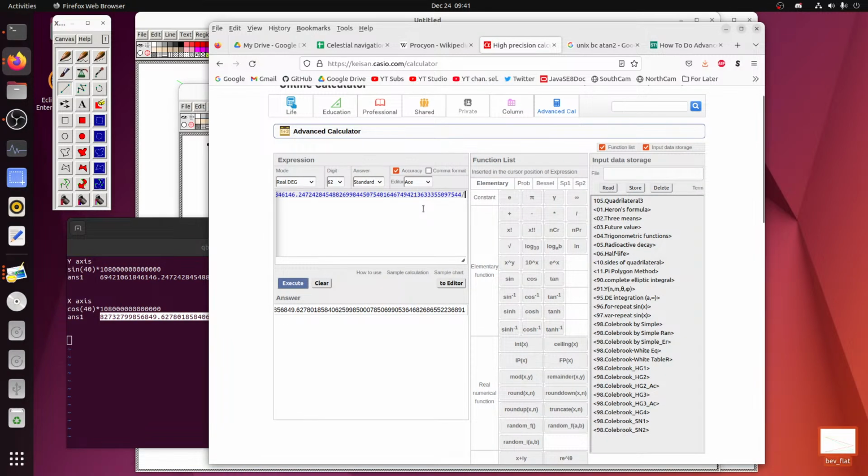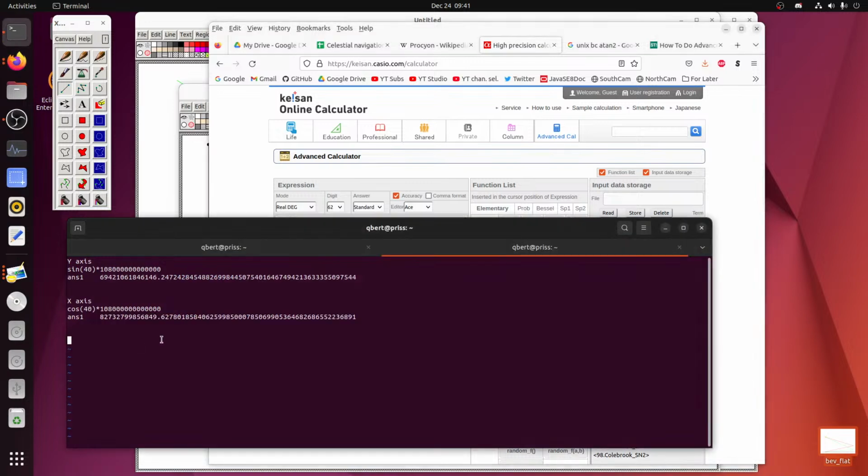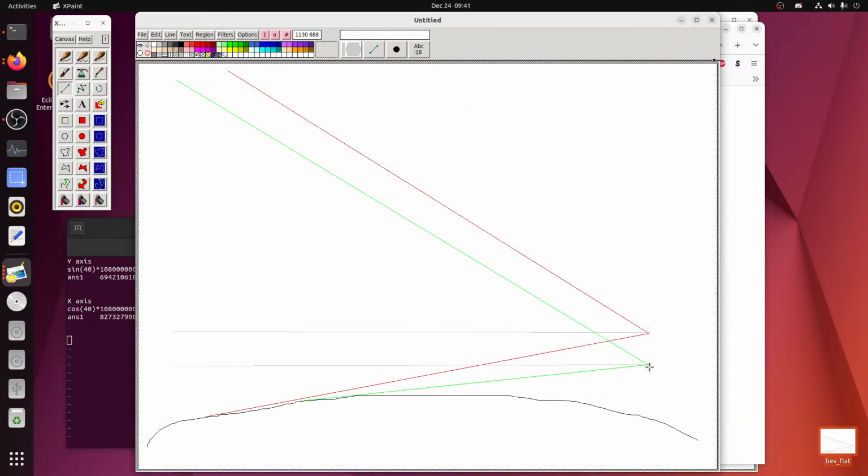What? Where did it go? And if I execute that, I get 40.0. So that's good. So now what happens if I am over here and I move up this far?